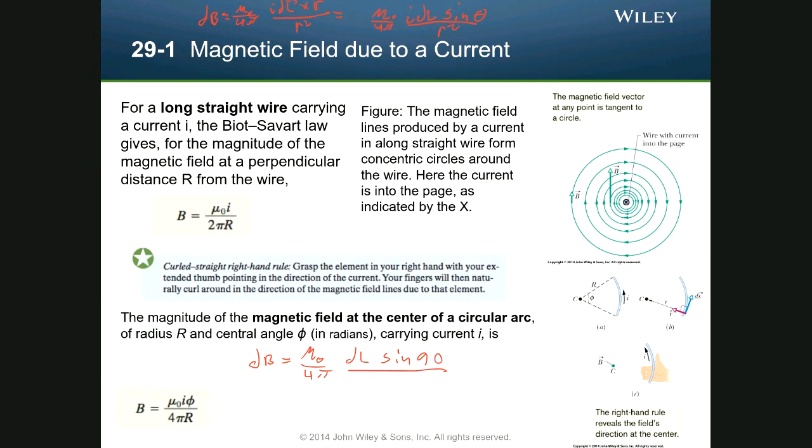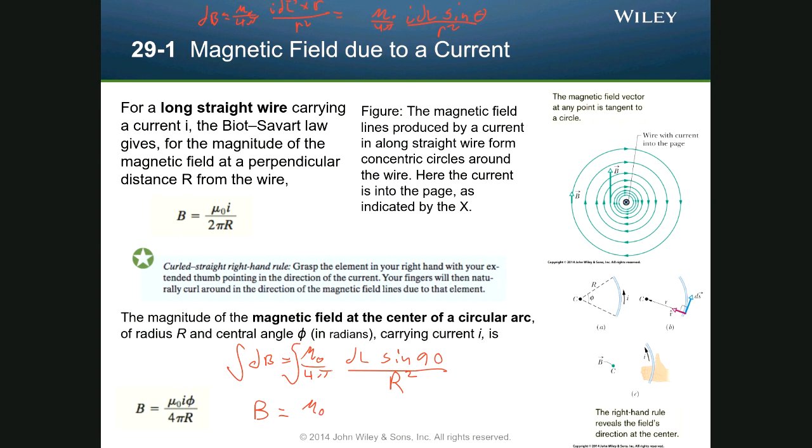over r squared. Now the r squared, this r we can turn into a constant, right? Because we're moving in a curved arc with a constant radius. So r doesn't change, so we can call that big R squared. And now we just have to integrate around the path. So we can integrate on both sides. And we have here that the integral of dB is B, and that's going to equal mu naught.